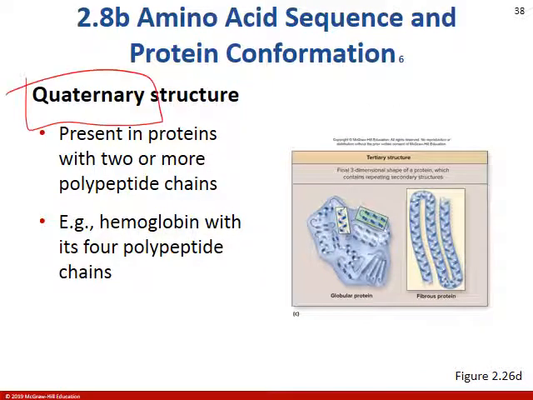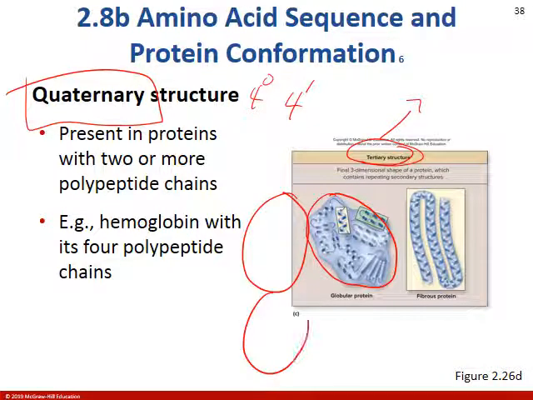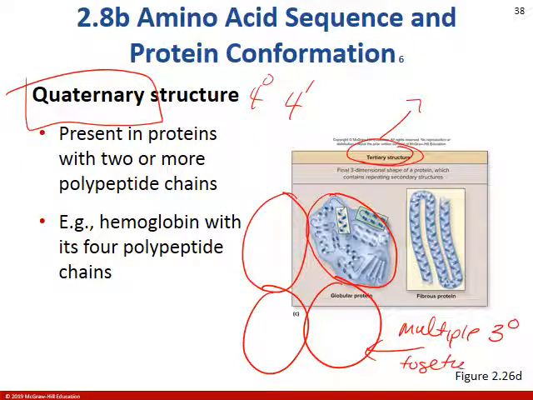Now we have the quaternary structure. Sometimes you'll see it abbreviated like this, or they'll show that. So it says tertiary structure. There's also a picture of a quaternary structure in your book. Basically what you're doing is taking this structure and another and another and another, and putting multiple tertiary structures together.